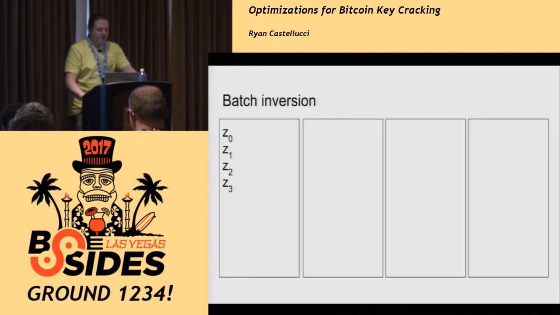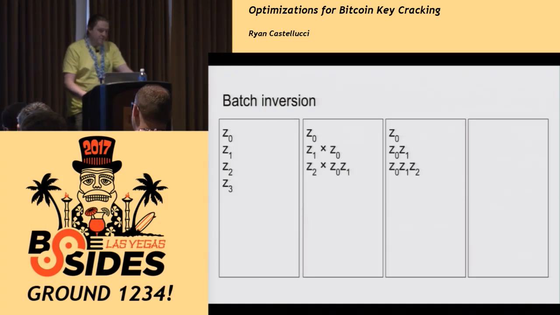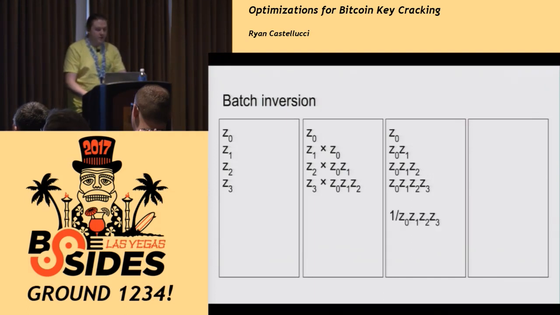It took me a while to understand this very well, but here's a quick example. So we have 4 values we're batching. We multiply them together, keeping each progressive one because we'll need them in a moment. Then we calculate one inverse of our last value.